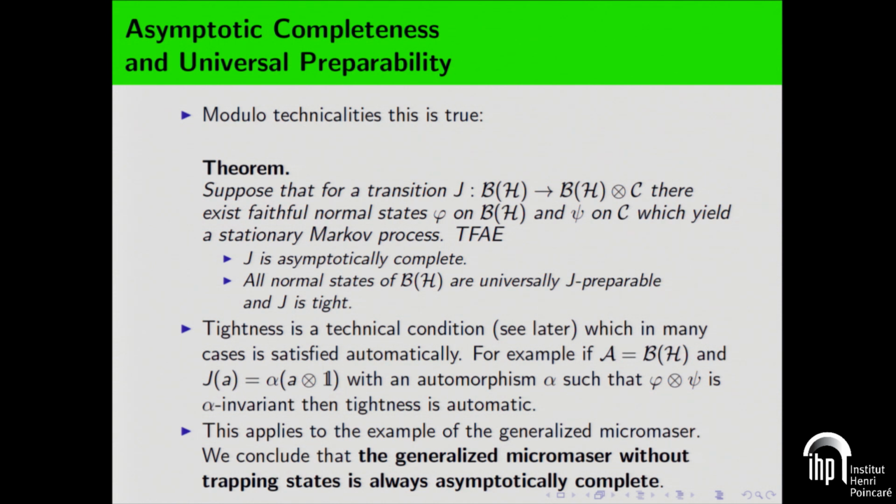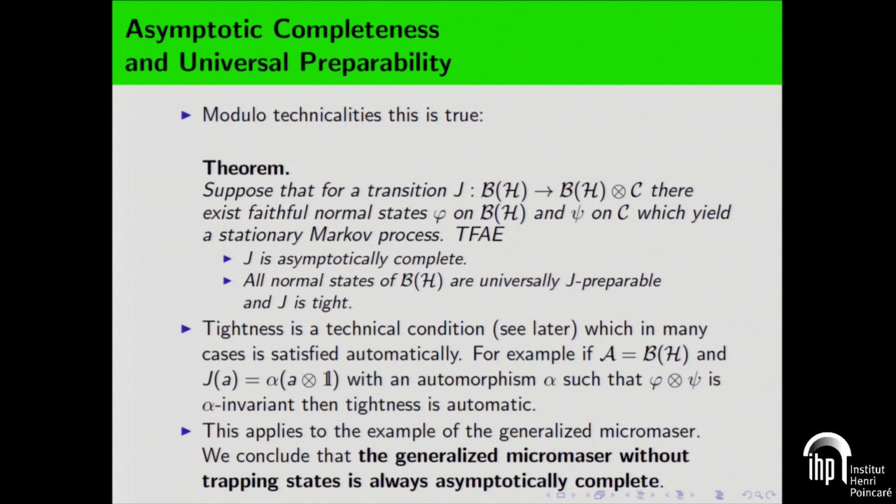I will come back to this later a bit, but I should say here that in many cases this is satisfied automatically. For example, if A is B of H, as we have it here, and J of A is alpha of A tensor 1 with an automorphism alpha, which has phi tensor psi as an invariant state, then tightness is automatic. This is for example the case in this generalized Micromaser example.